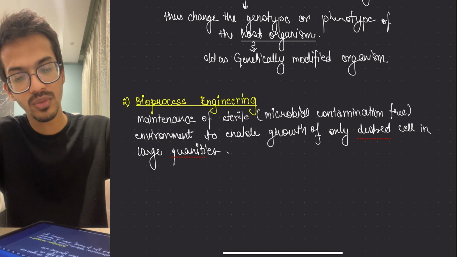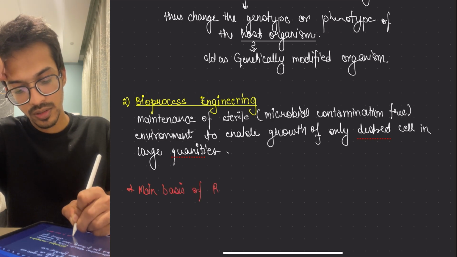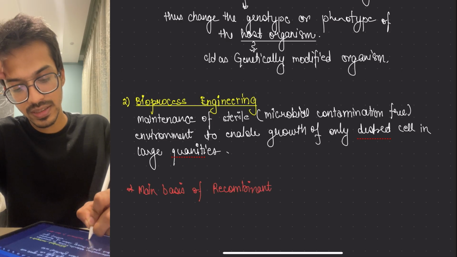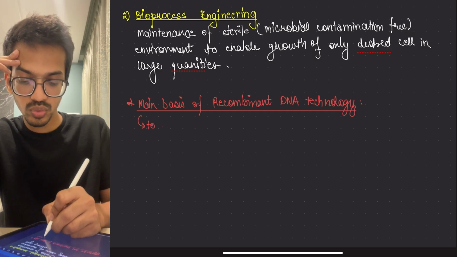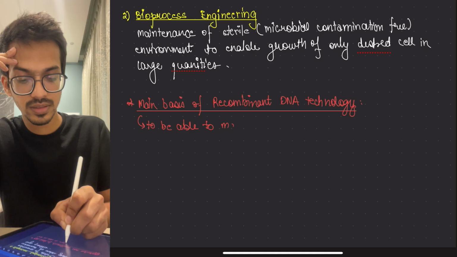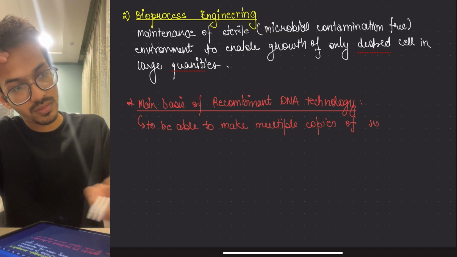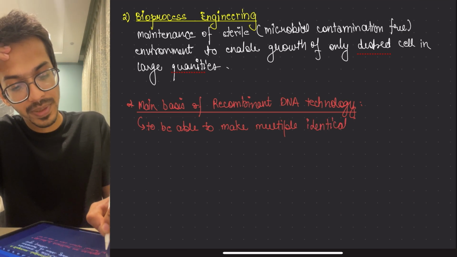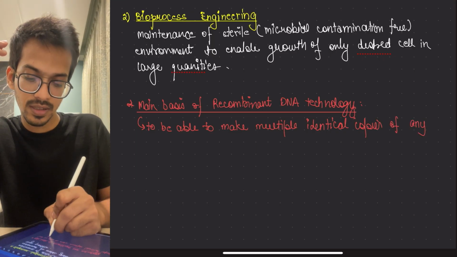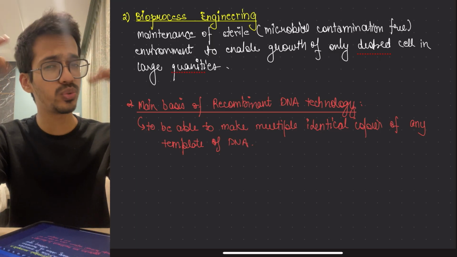If someone asks what is the main basis of recombinant DNA technology, write: to be able to make multiple identical copies of any template of DNA.